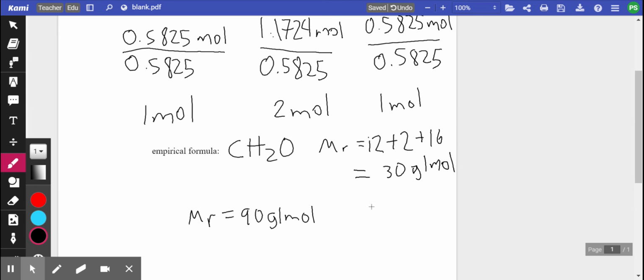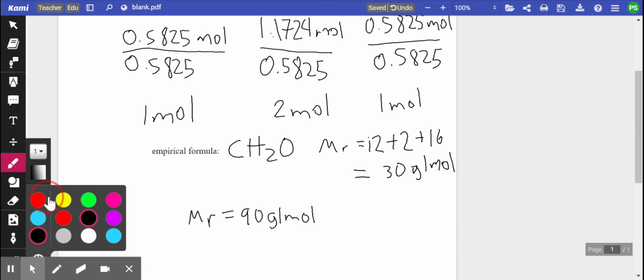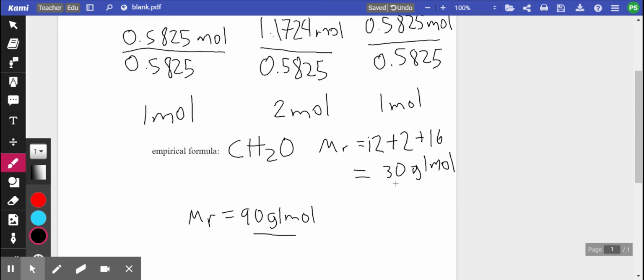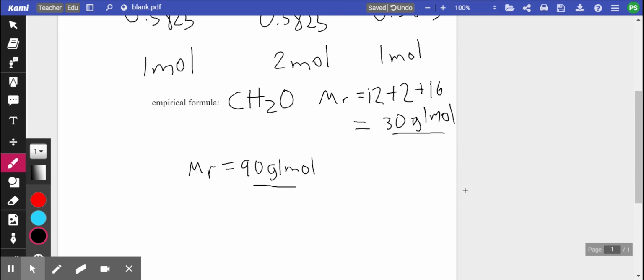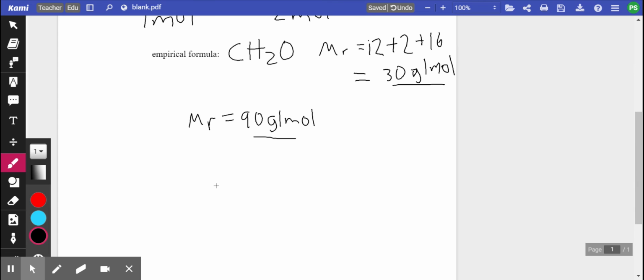This is the MR of our empirical formula. So all you have to do in these questions is compare these two numbers, 90 grams per mole and 30 grams per mole. We see quite clearly that there is a ratio of 1 to 3. So you can divide the big number by the small number, and we see a ratio of 3. So in fact, our molecular formula is 3 times our empirical formula.